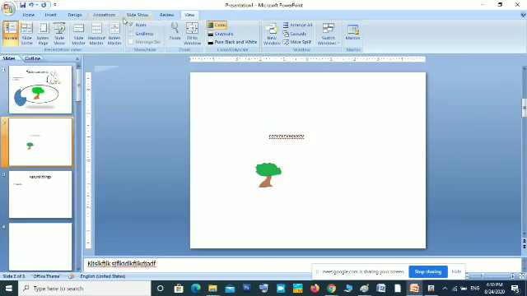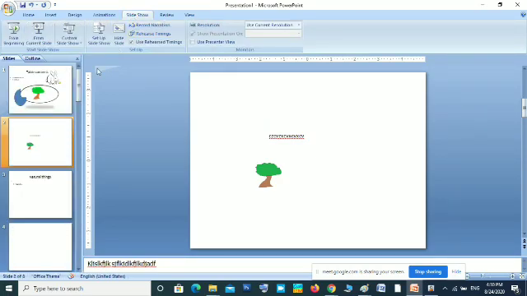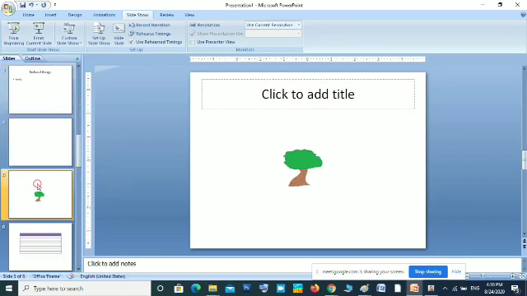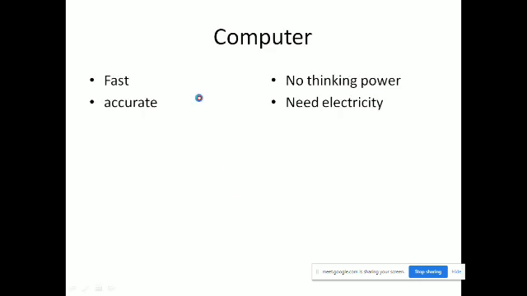In the slideshow, if you want to start from the 5th page, one method is to just click on the 5th slide, then select From Current Slide. Now from the 5th slide onwards, the presentation will be displayed.